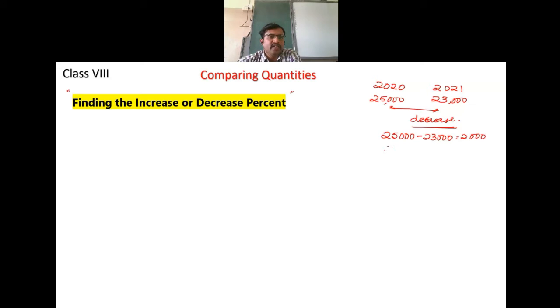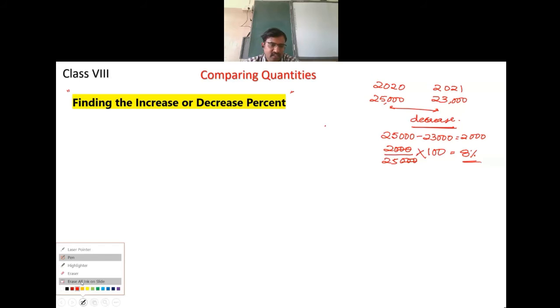So 2,000 rupees out of 25,000 has been reduced. When we multiply this with 100, we get the percentage decrease, which is 8%. So there's an 8% decrease. It's very easy to understand.